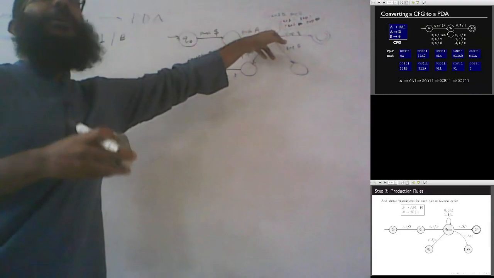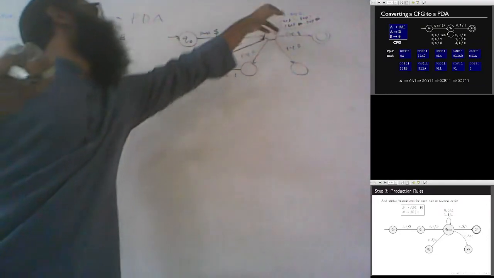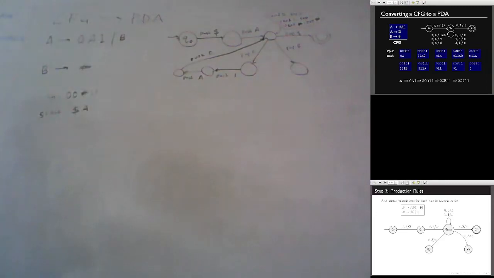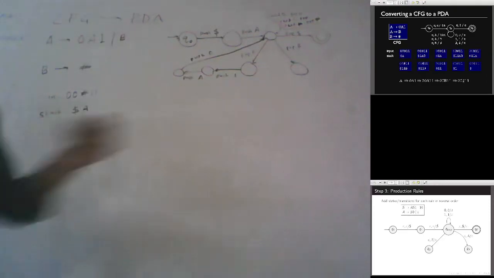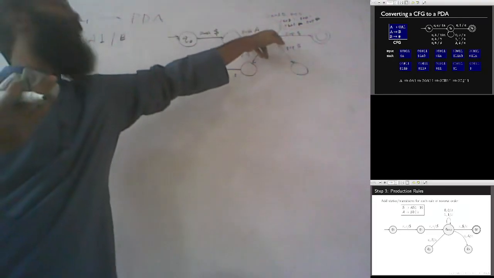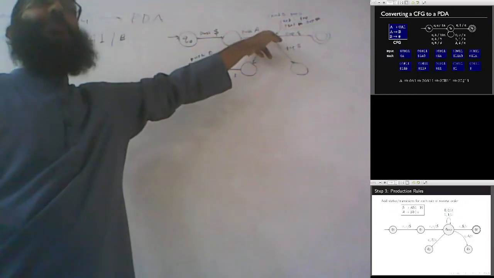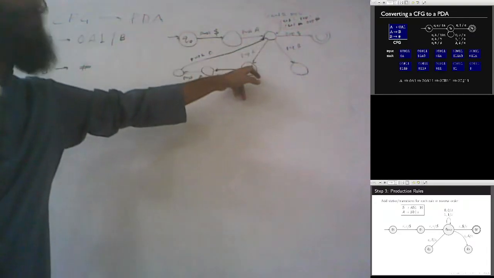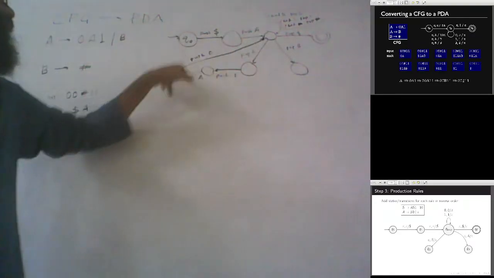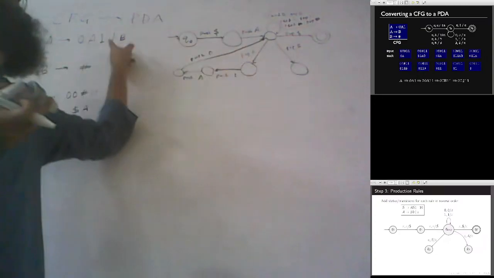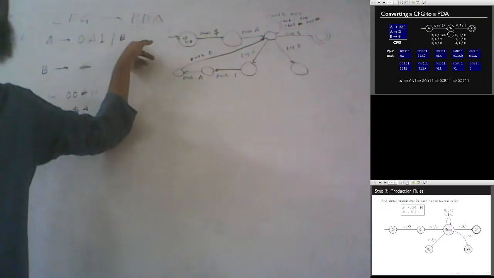This is where all of the stuff happens. It has the matching between the terminals and the input, and when it sees a variable, it replaces that variable with the production rule, and you go back to the state where you can start matching again after you finish replacing it. So if you see an A, you can remove the A and replace it with 1A0, which is this production rule in reverse. Or another option is you can replace it with B instead, which is just B.